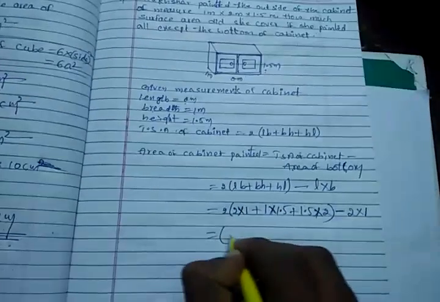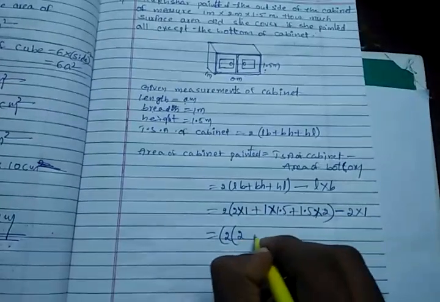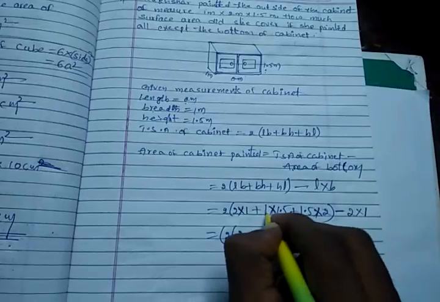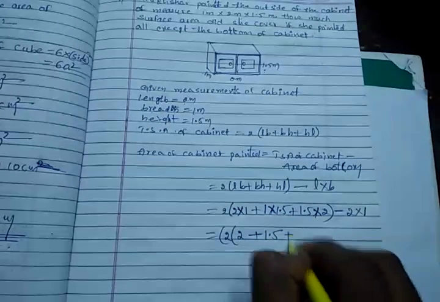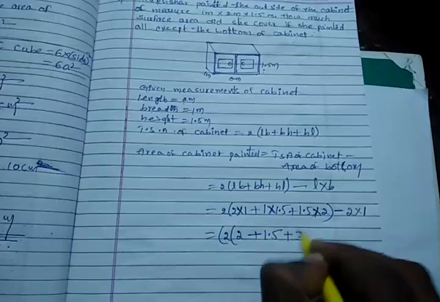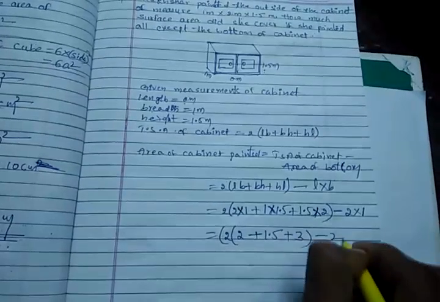That is equal to 2 of (2 ones are 2, plus 1.5 ones are 1.5, plus 1.5 twos are 3), minus 2.